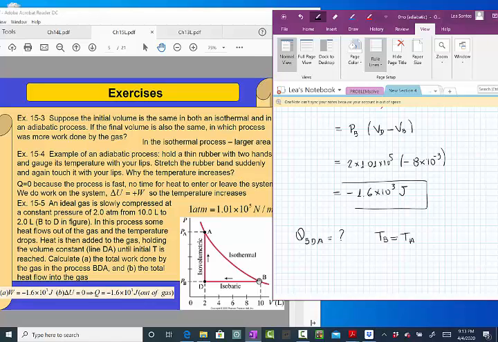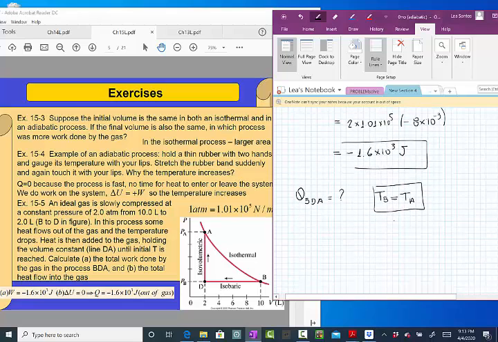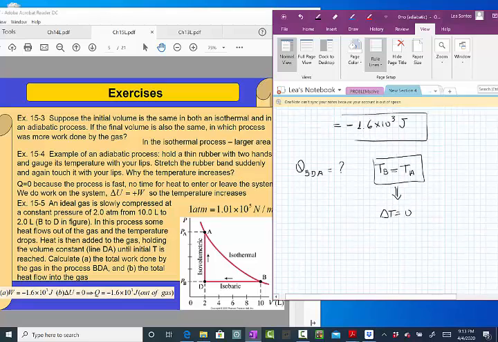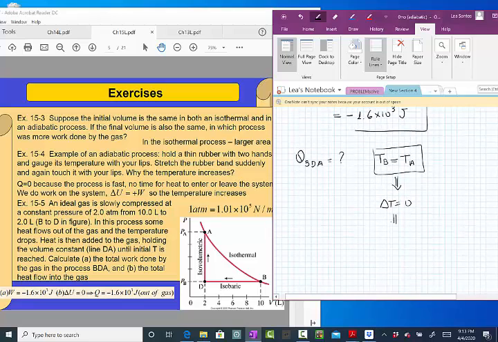So for this whole process from B to D to A, the final state and the initial state have the same temperature, which means there is no delta T in this whole process, and so there is no delta U. The delta U is 0 for this whole process from B to D to A.